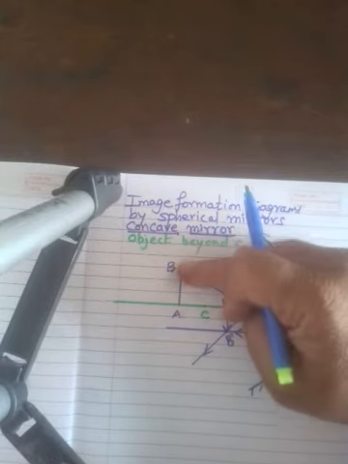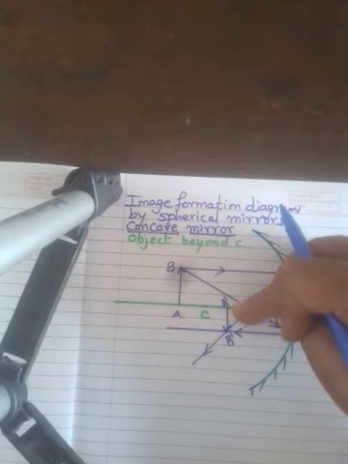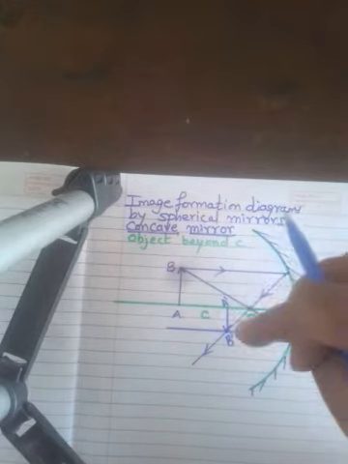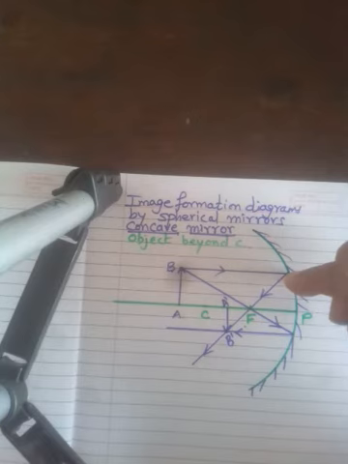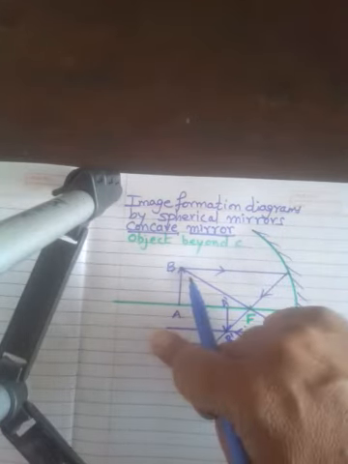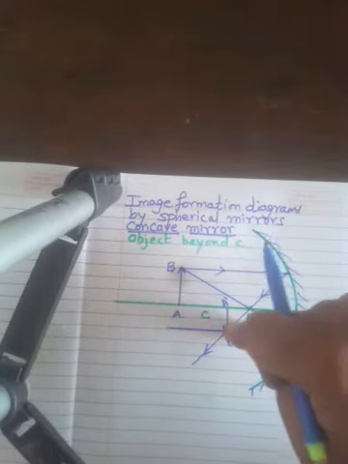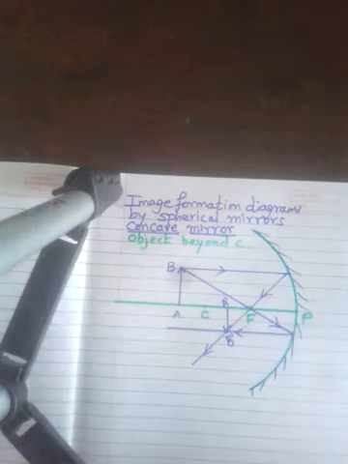The image is smaller than the object, that is, it is diminished. It is real because it is formed by the intersection of the reflected rays itself. So it is real, inverted and diminished. Diminished means smaller than the object.